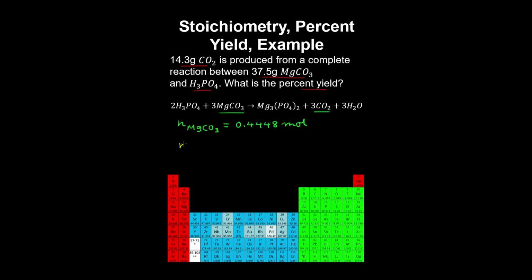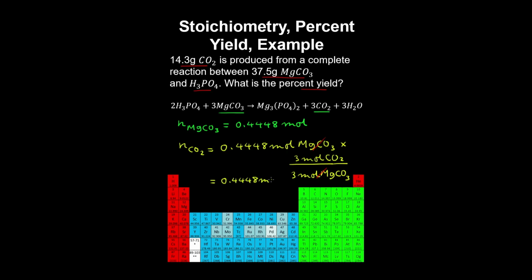So converting this into a number of moles of CO2, which gives the same number of moles of CO2. Now to obtain a mass of CO2 that's produced, we multiply the number of moles by the molar mass of CO2, which gives the following result.